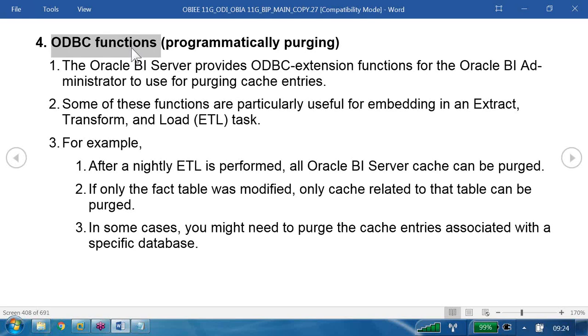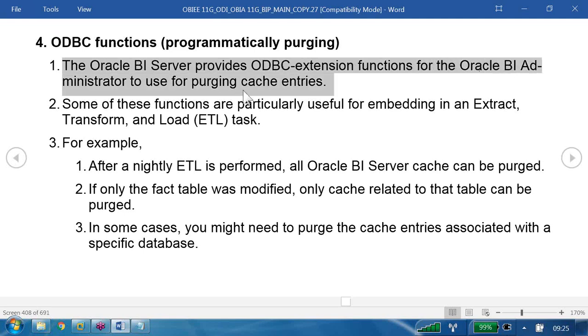Then what can we do? We can take help of the ODBC functions. ODBC functions are given by Oracle to incorporate in our ETLs. The Oracle BI Server provides ODBC extension functions for the Oracle BI administrator to use for the process of purging.